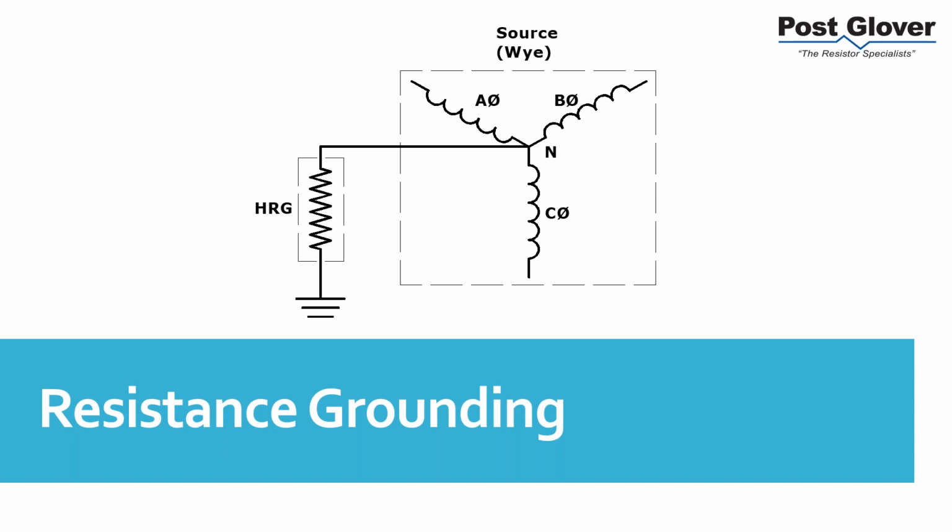What you're basically doing is impeding the amount of current that can flow through your ground. So when you have a ground fault, it lowers the amount of ground fault current you can have. That is all that it is. From a schematic standpoint, it's fairly simple.